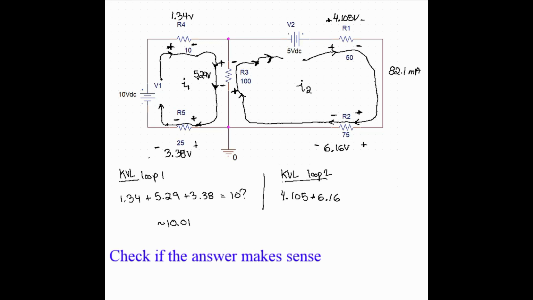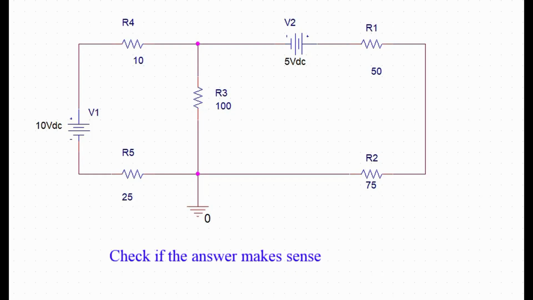The same thing for loop 2. Here we have about 4.975, approximately equal to 5. So our answers are pretty close.